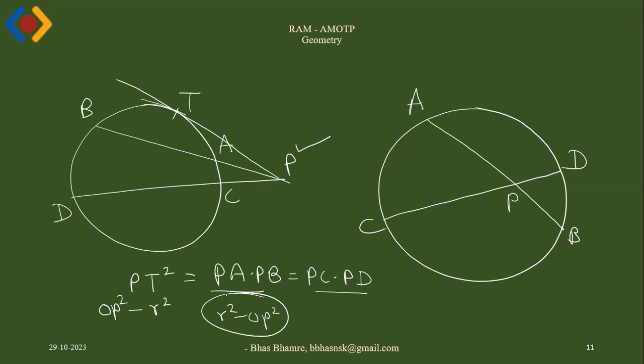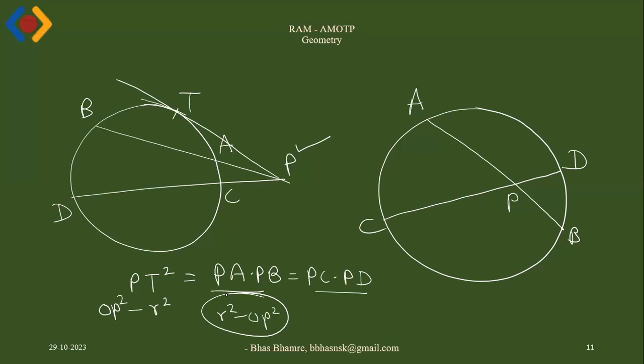When OP square minus R square is negative, then it lies in the interior. And if OP square minus R square is 0, then the point lies on the circumference. But its equivalent is also PA times PB. If we draw a line through P which intersects the circle in different points A and B, then PA times PB.